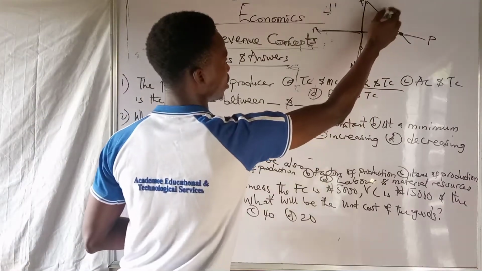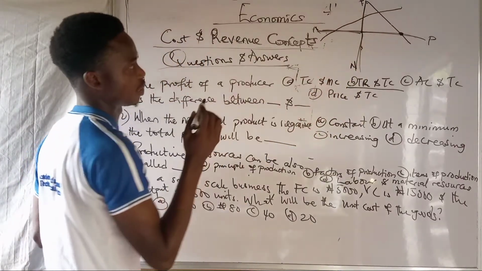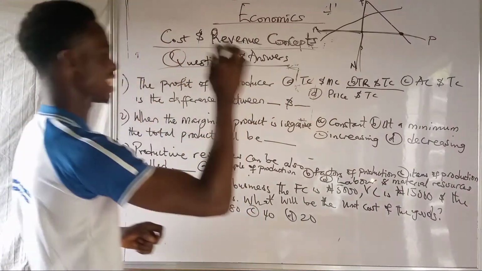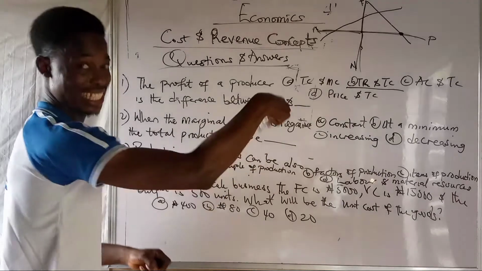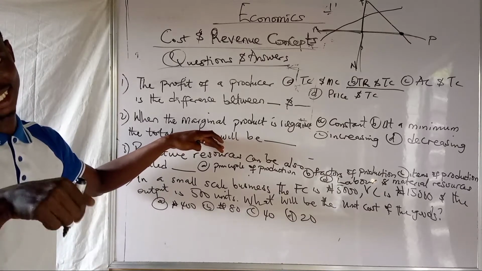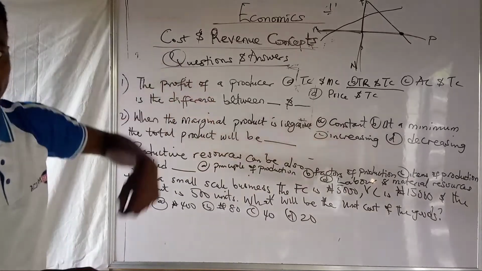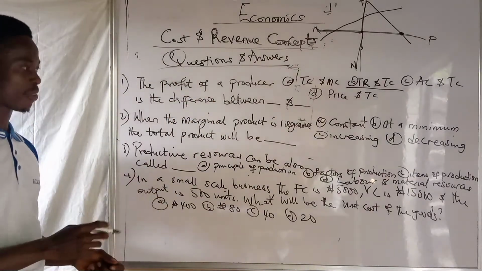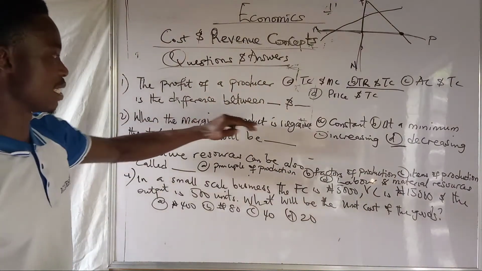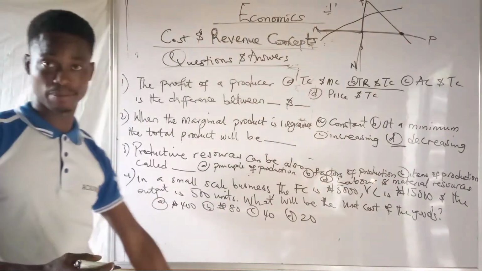When you have a line that comes from this part and goes towards this, that means it tends towards negative. So at that point, when your marginal product is negative, the total product is decreasing. And the more it decreases, the more negative it becomes. So that's why the answer there is this: when the marginal product is negative, total product is decreasing already.